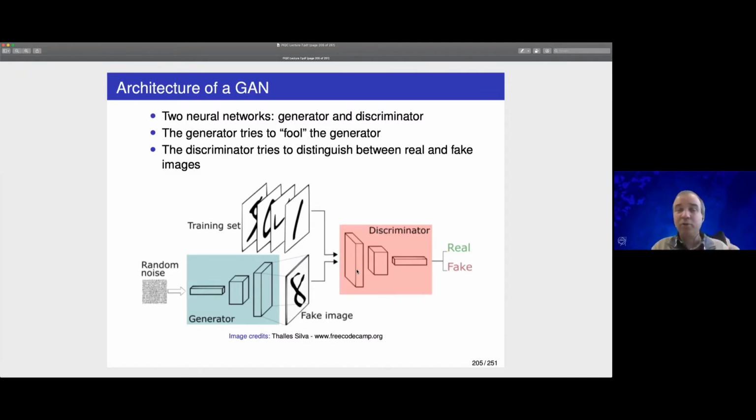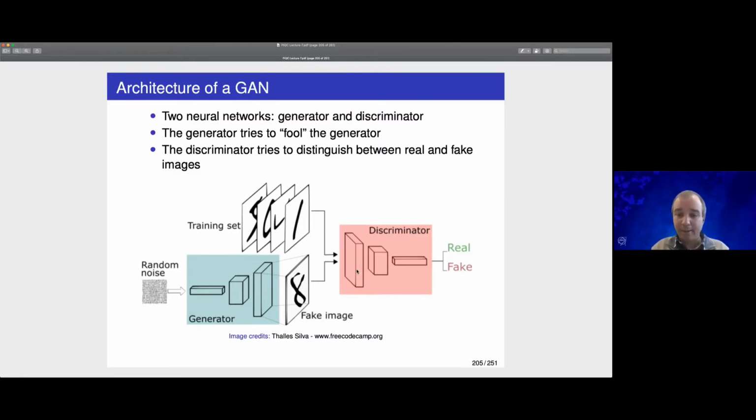Okay, to do this, we usually train the neural networks in alternating phases. So we fix, for instance, the discriminator, and then we feed into this discriminator data taken from the training dataset and data taken from what is generated by the generator.